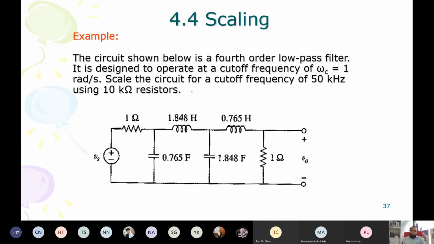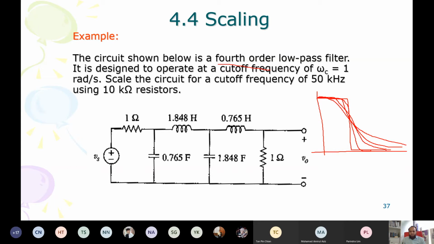And just to give you some flavor of what this does, suppose this is a first order low pass filter, this could be a second order filter, this could be a third order filter, this could be a fourth order filter, and this could be a 100th order filter.